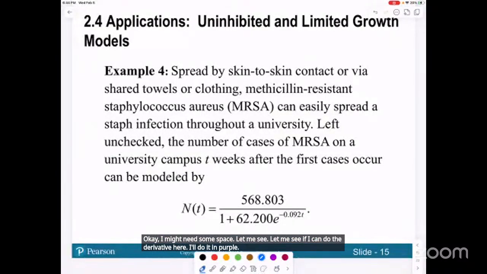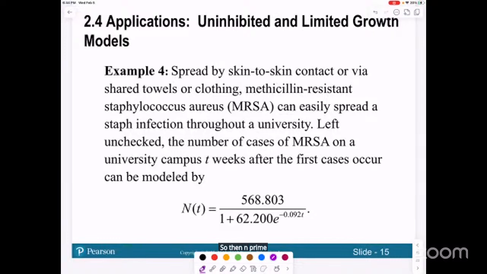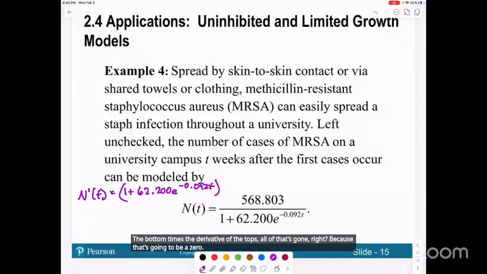I'll do it in purple. So then N prime of t, the bottom, 1 plus 62.200 e to the negative 0.092t, the bottom times the derivative of the top, so all of that's gone, right? Because it's going to be a 0, so I'm going to just put times 0.